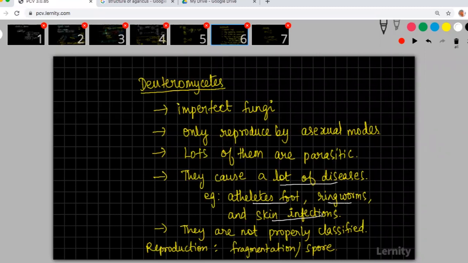Okay, they are not properly classified. Once you classify them, you move on to the other group. Some of the examples that you can give: you have something called Alternaria, and there is something called Cercospora.